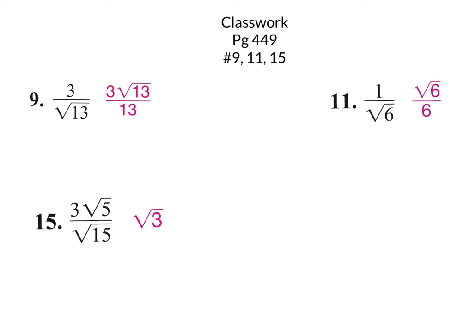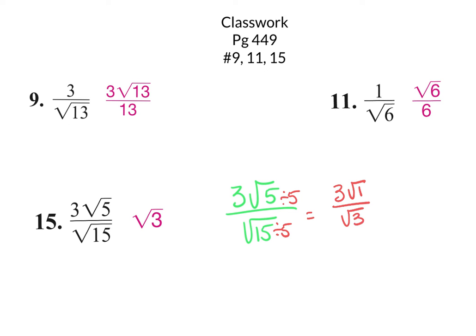So we start out with 3 square root of 5 over square root of 15. All right, we look at the outsides, it's just 3 and 1. On the insides, though, we can reduce by 5. So we can reduce both of those by 5. We get 3 square root of 1 over the square root of 3, which, of course, that just ends up being 3 over the square root of 3.